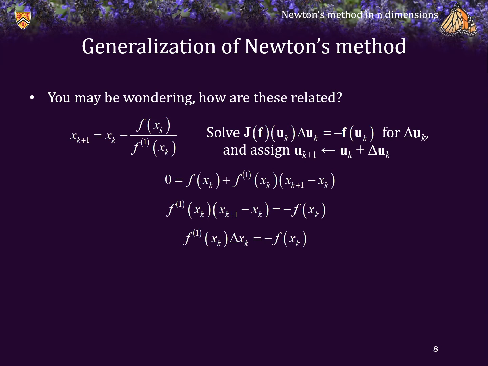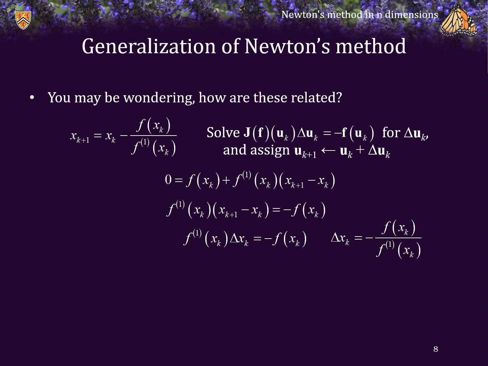In one dimension, isn't the Jacobian just the derivative of f? So it is. So we have a one-dimensional Jacobian times a delta xk equaling the negation of f evaluated at xk. Now, because it's not a matrix, we don't have to solve a system of linear equations.